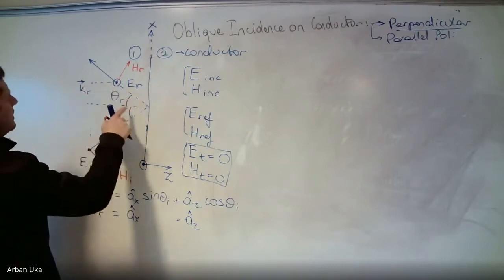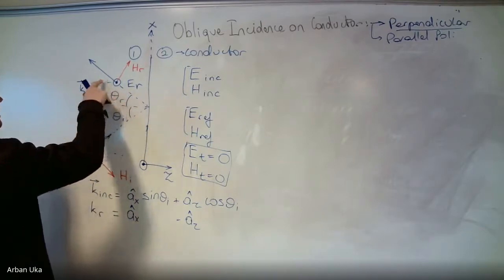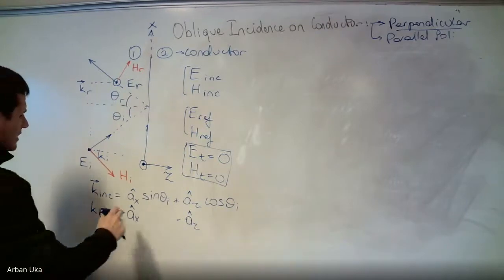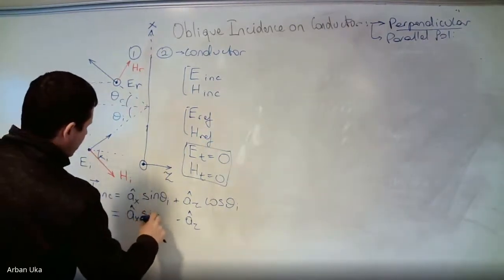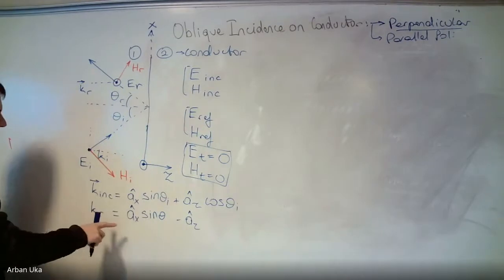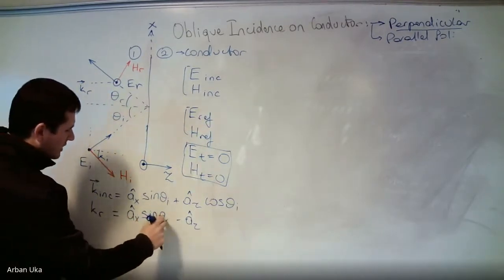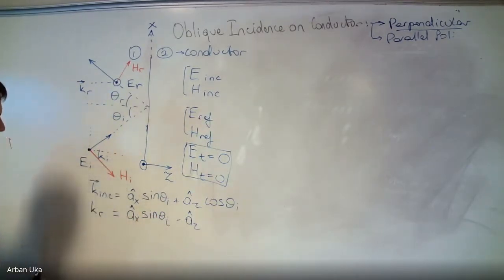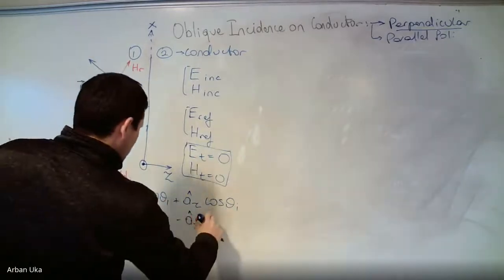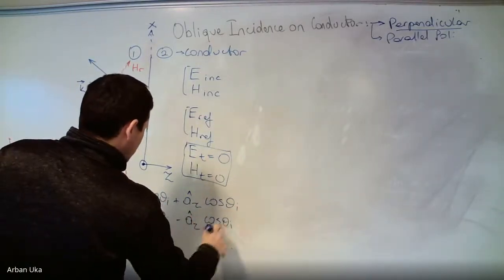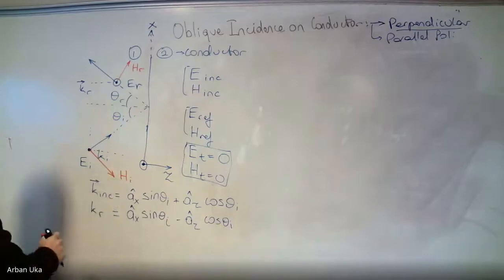If we draw this one here, this is theta R along the X, this is sine theta R. Again, we can write this reflected angle as theta R or theta I. We know that they're going to be equal based on the knowledge we have learned so far, theta I. So these are the K vectors.